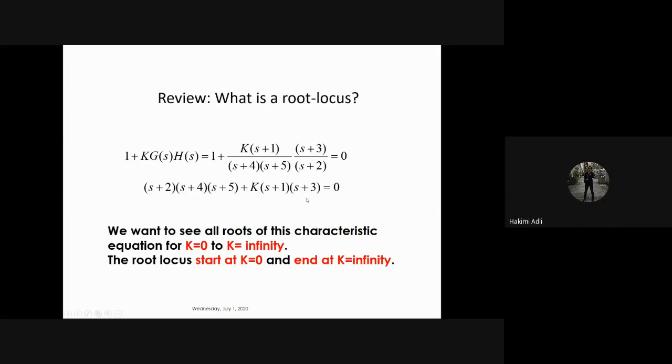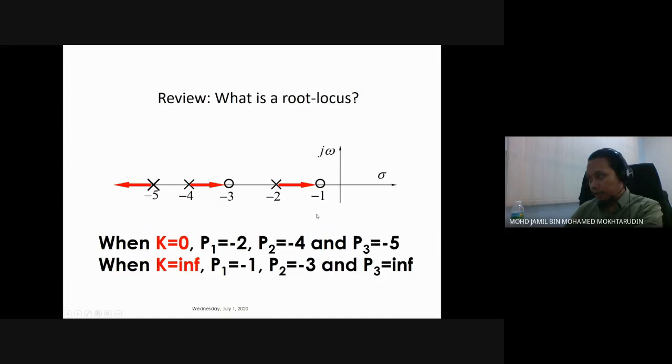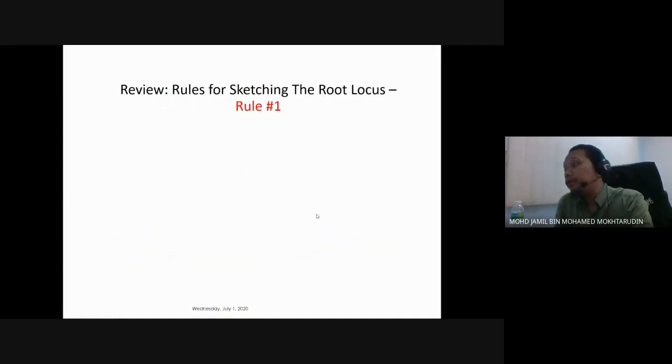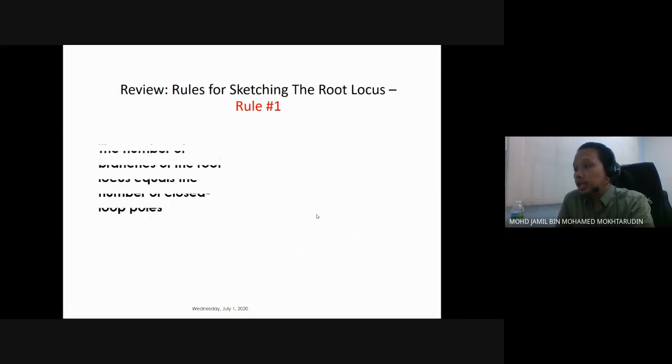Okay, noted. All right, so we look at the rules first. Okay, so rule number 1 for sketching the root locus is that the number of branches of the root locus is equal to the number of closed loop poles.